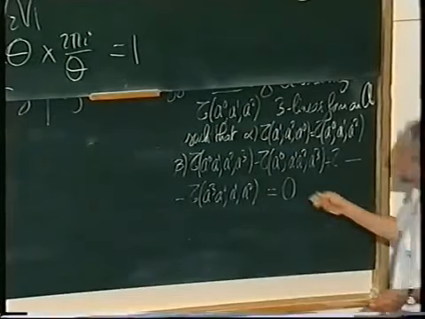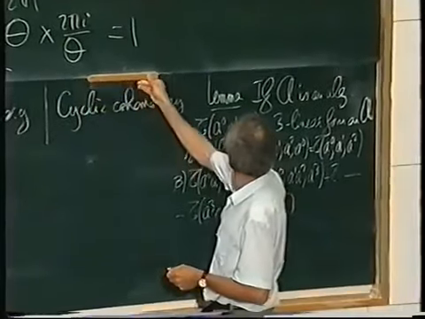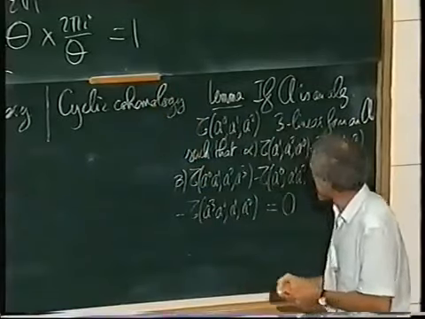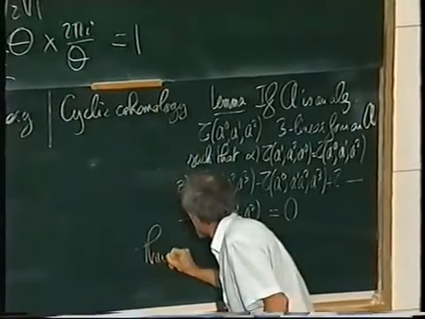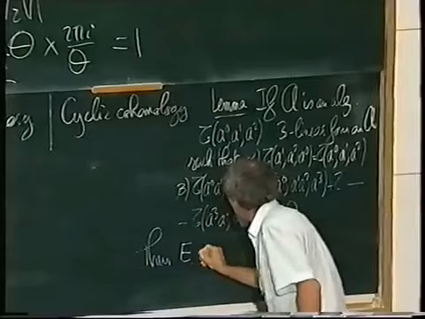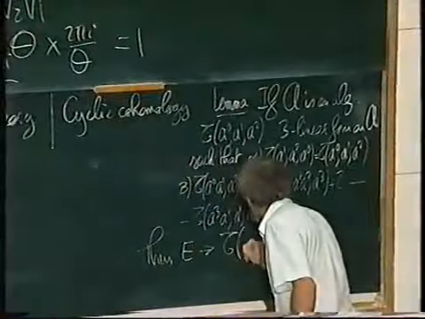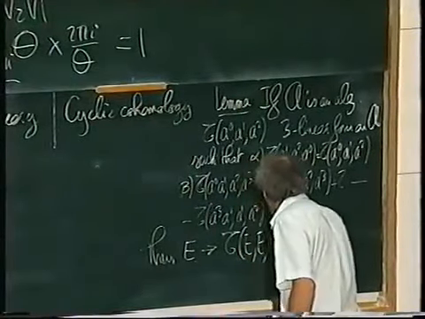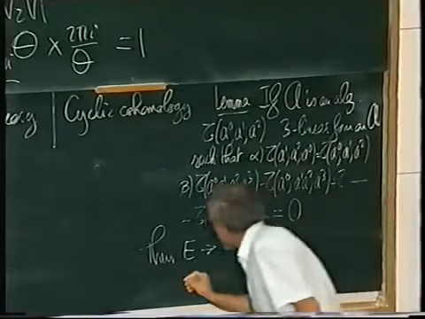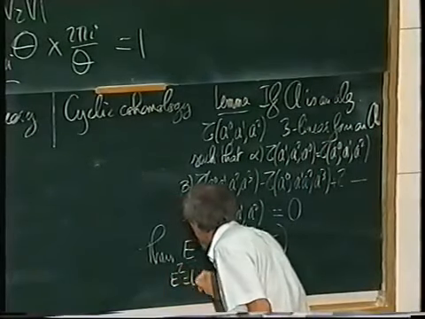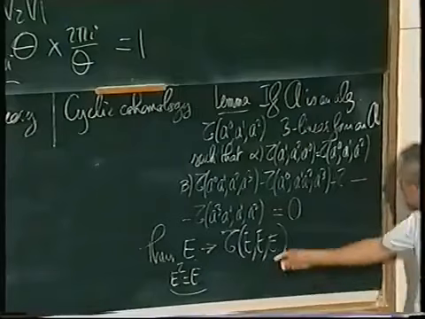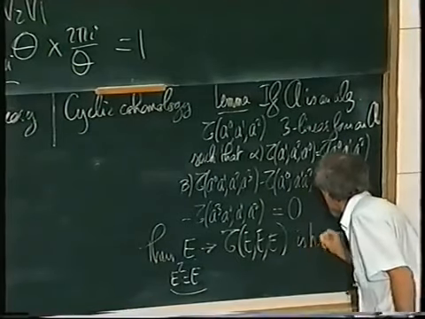And now what is the lemma that you have to prove? The lemma is that the map which to e assigns the value of this monomial on e, τ(e, e, e), where e satisfies the equation e squared equals e, which is called an idempotent, is homotopy invariant.